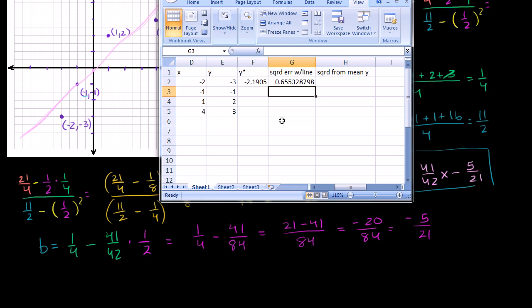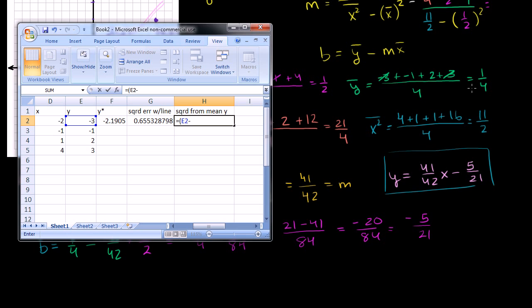Let me make sure I did the right thing. Yep. And then the next thing we want to do is the squared distance of our y value from the y's mean. So what's the mean of the y's? The mean of the y's is 1/4. So minus 0.25, which is the same thing as 1/4. And we also want to square that.